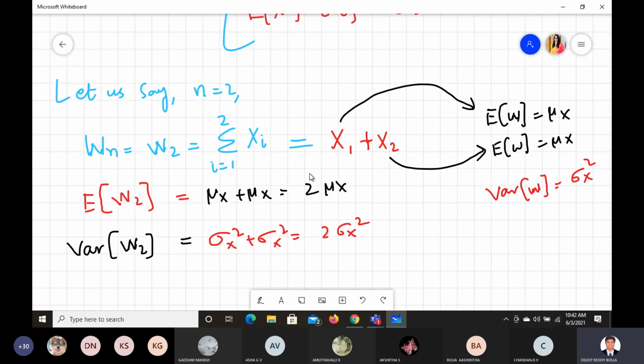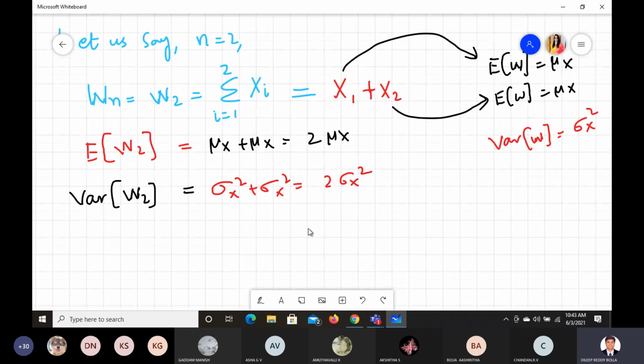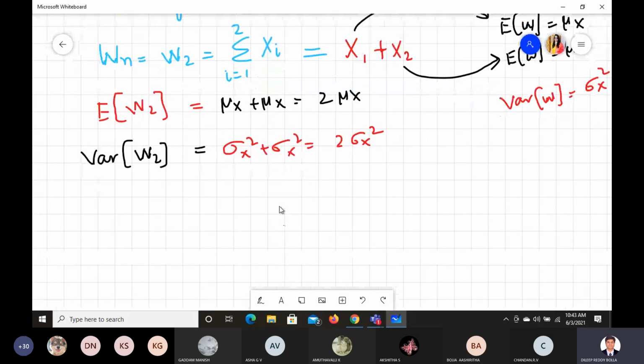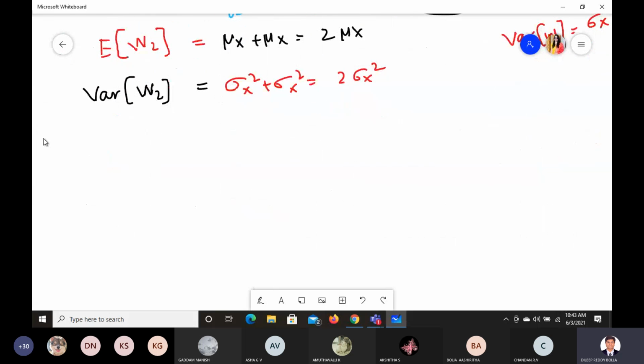Now you tell me. I'll replace the same example. I'll replace this value of n. This value of n is 2, right? I'll make it 3. You should be able to tell me what is happening now. Okay, now let us see.